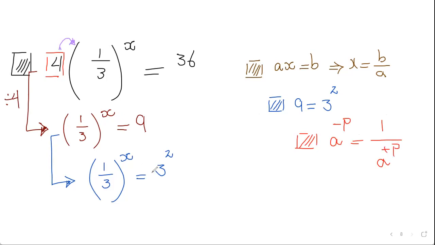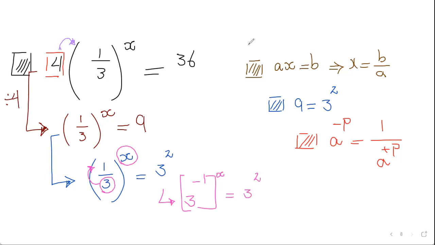I want to bring 3 up there because I want to make the bases the same. Then as a result, I get 3 to the power -1, which is raised to the power x, should equal 3 to the power 2.